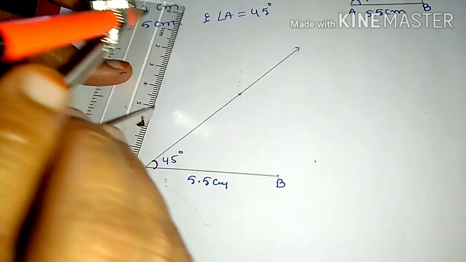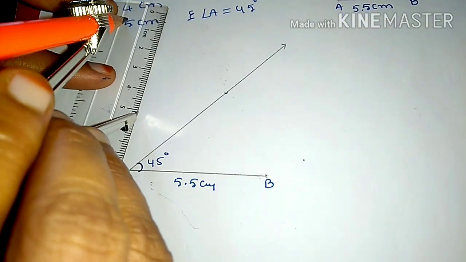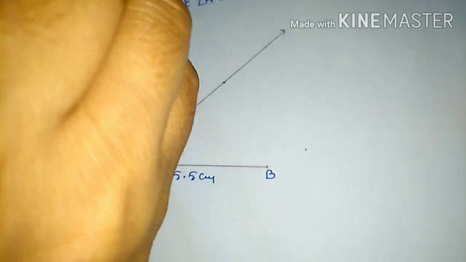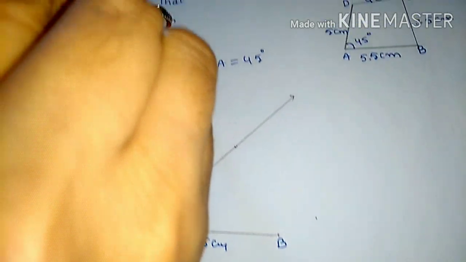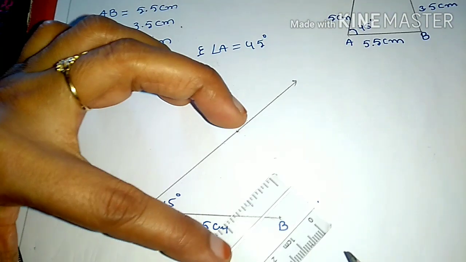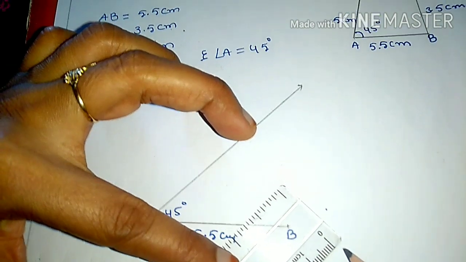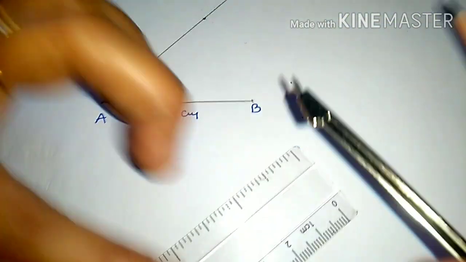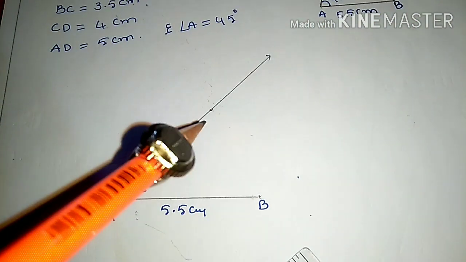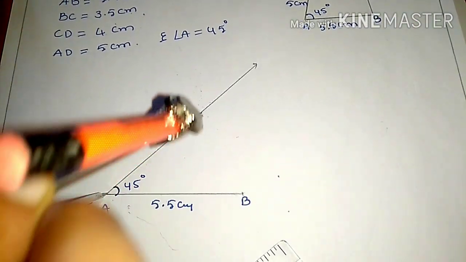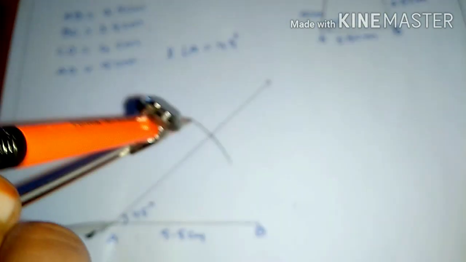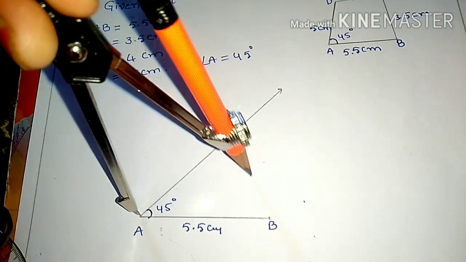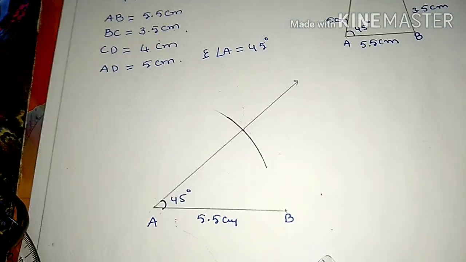Then take the scale and measure 0 to 5. Then with center A, draw one arc. Okay children.